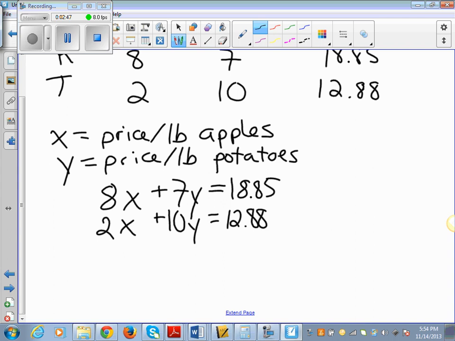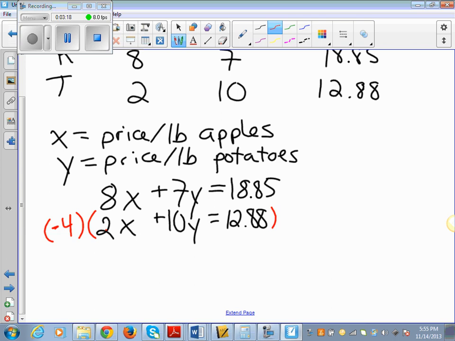We want to be able to eliminate a variable, and just by looking at it, it looks like x would be the easier one to eliminate because we can easily multiply the 2 in front of the x to make it -8 so that they'll cancel out when we add them. So to get from 2 to -8, we would need to multiply by -4. And we can't just multiply the x, we have to multiply the entire equation.